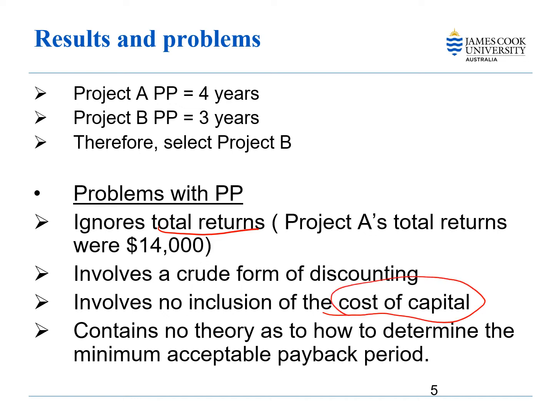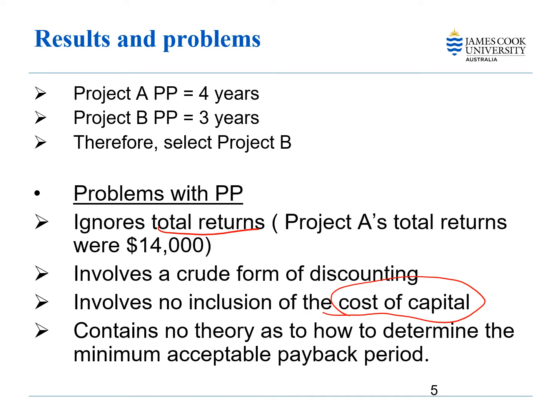For example, project A you might have to finance by borrowing from a bank that charges a loan rate of 8%. In contrast, project B you can finance by issuing a bond, with a cost of capital of, say, 8%. And this is not accounted for in the payback period.